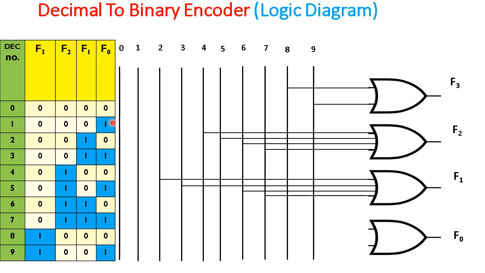Then in case of F0, it connects to 1, 3, 5, 7 and 9. So this is your logic diagram for decimal to binary encoder. Similarly, we can draw logic diagrams of the others also.